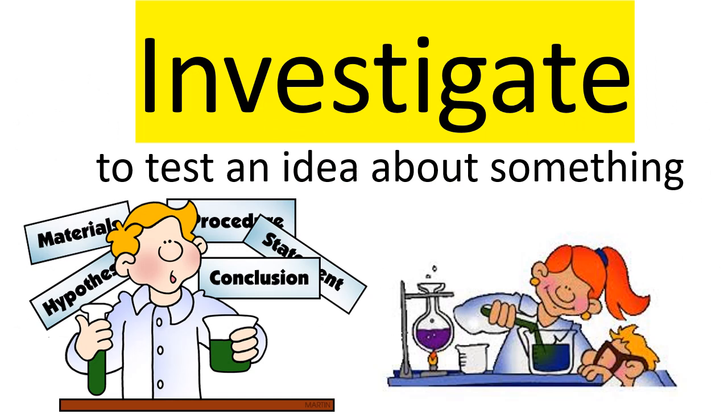Investigate is an action. It means to test an idea about something. So if you have an idea about anything, about force, motion, magnets, the sun, whatever it is, we investigate to see if an idea is true or not.